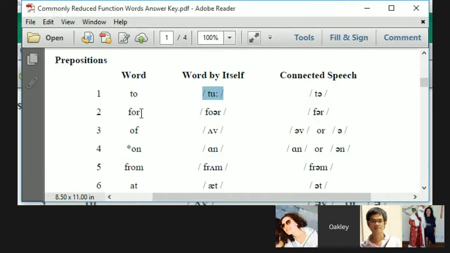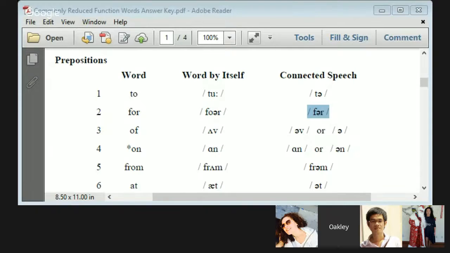Next one, "for." Obviously, full pronunciation, "for." Reduced, "fur." Yes, it sounds exactly like "fur."